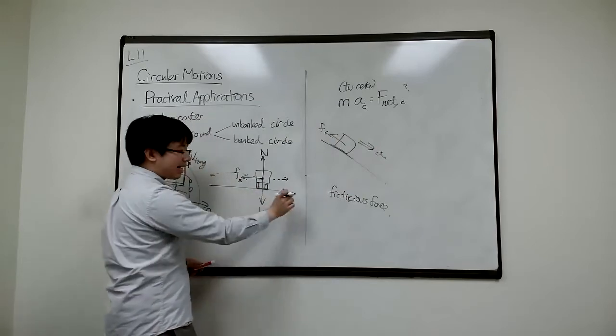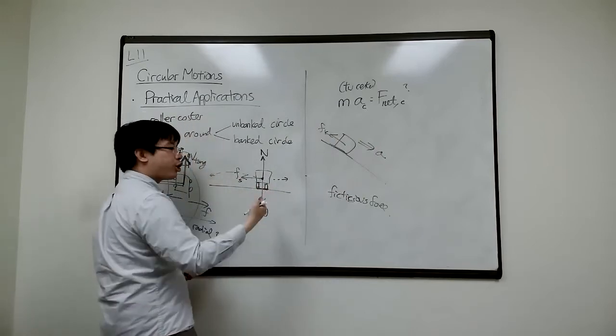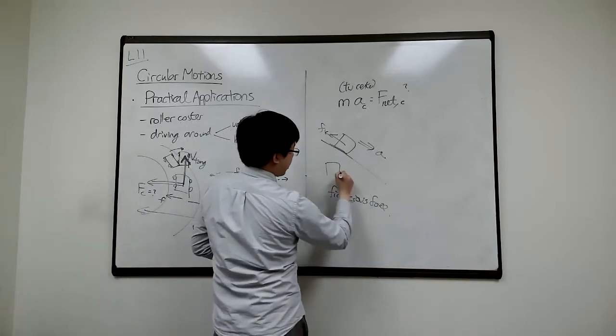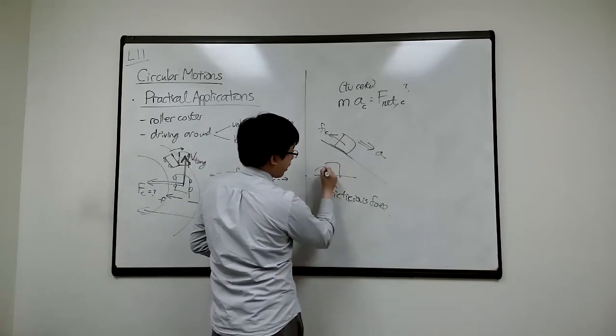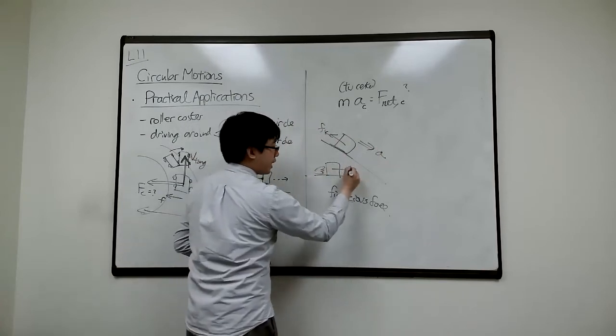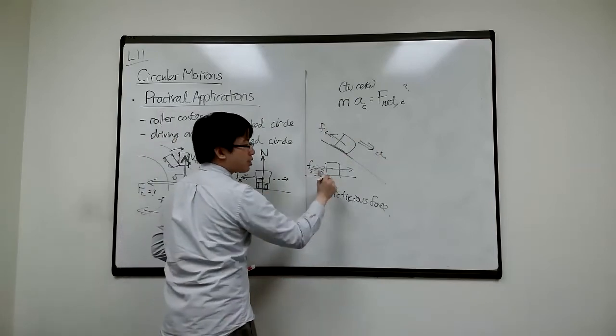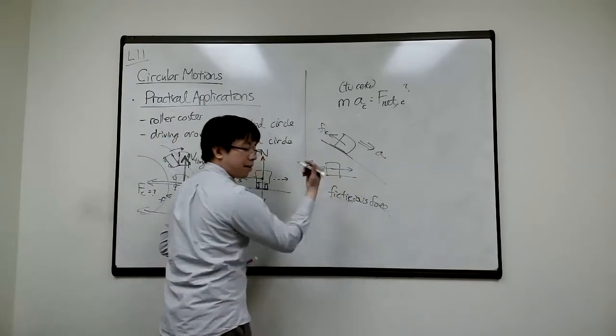This is not sliding in the radial direction. It's just causing it to go in, right? It's almost like a box over here. If you push it, there's a friction backwards, and that is the static friction, because there's no sliding.